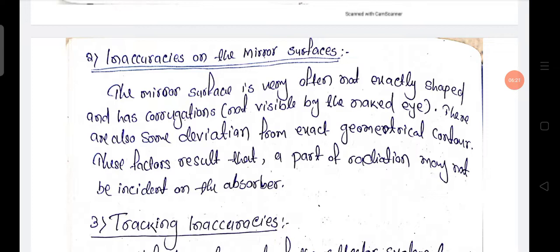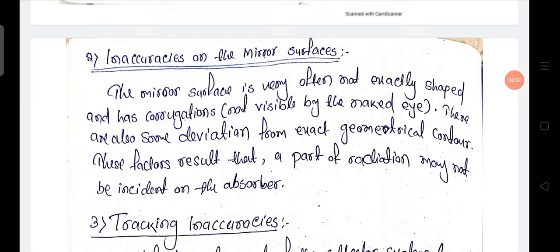That means the mirror which is made for the reflector or concentrator is not exactly shaped, and has corrugation, that is, deflection or damage, which is not visible by the naked eye.